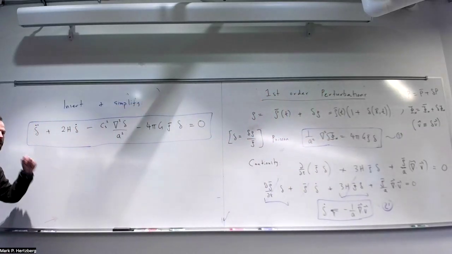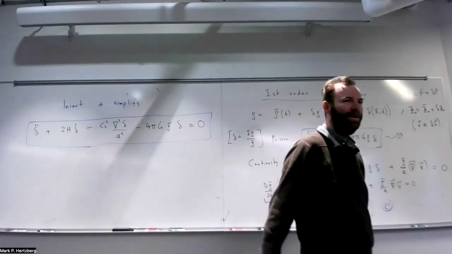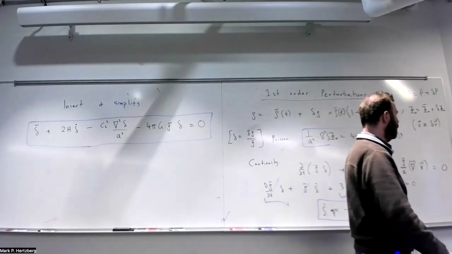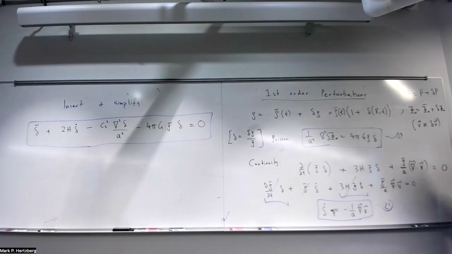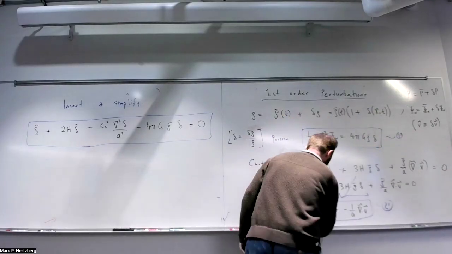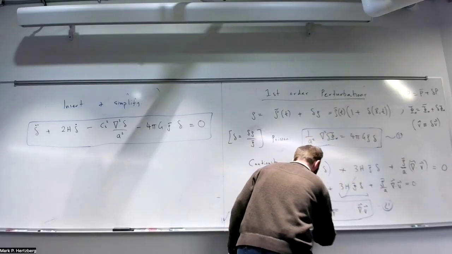I guess this 2 here is a 2. It's not like the 3H that is in the background density perturbation. This one ends up being 2. You can already see there's a 1H from that piece. But here, where you insert d/dt acting on div v, the div v can also be written as minus a delta dot, like this.